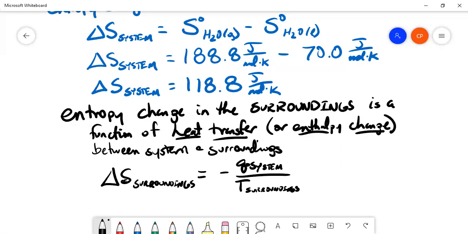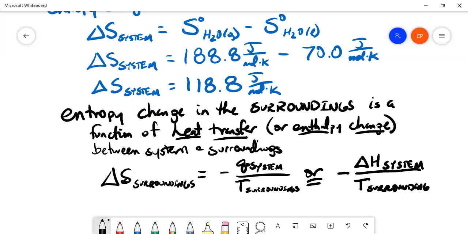Now, it's not obvious how I'm going to go about computing a Q of the system, but hopefully it can be a little bit more obvious how I can go about, let me just write this as an OR, computing a delta H for the system.